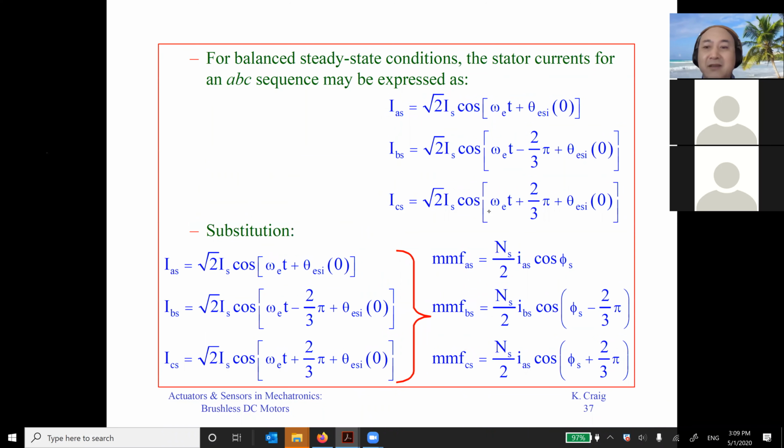So there is the phase relationship. If this one stays in the middle, then the other phases will be minus 120 degrees and plus 120 degrees. So that's the three phase.